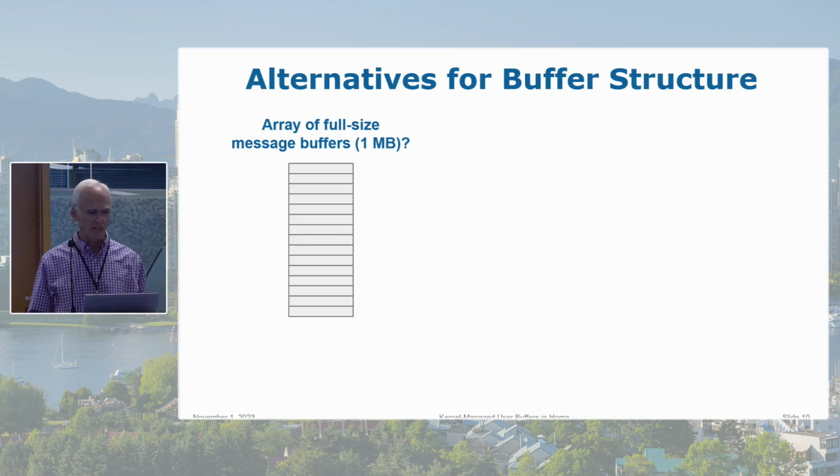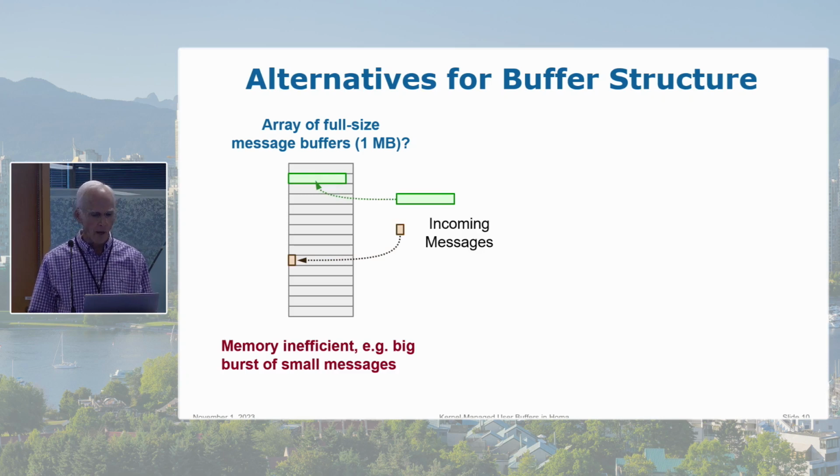So one obvious choice is, just allocate an array of buffers, each one of which is large enough to hold the largest possible message. In Homa, the largest allowable message is a megabyte, so you'd have to allocate 1 megabyte of buffers for that. That's really simple, but it doesn't use memory efficiently at all.